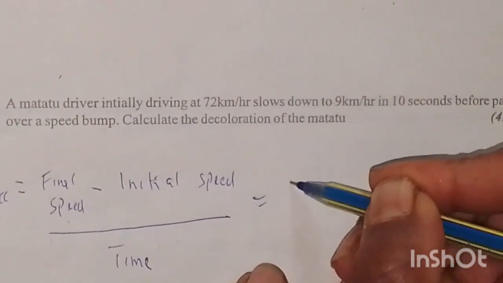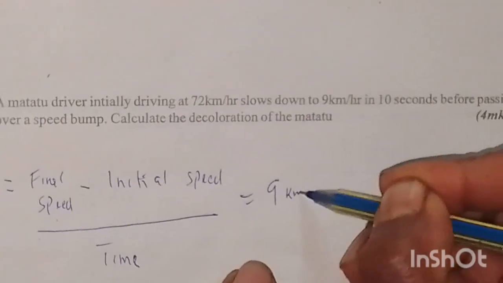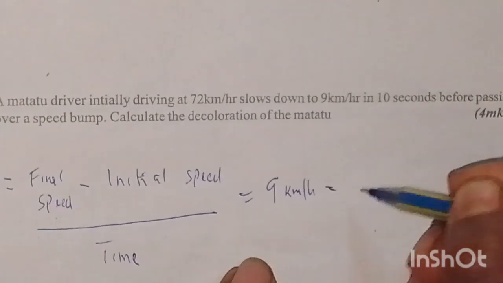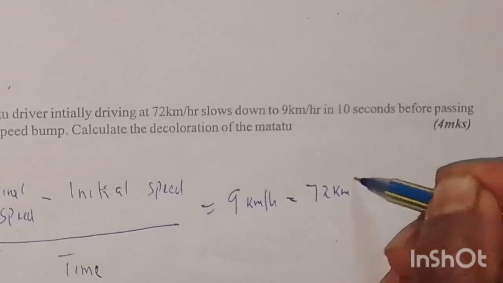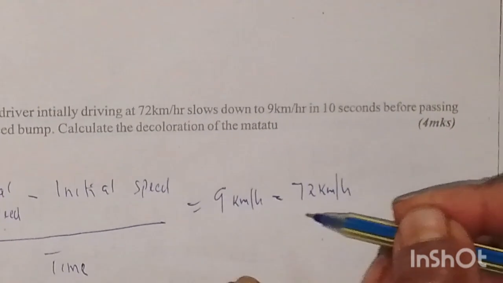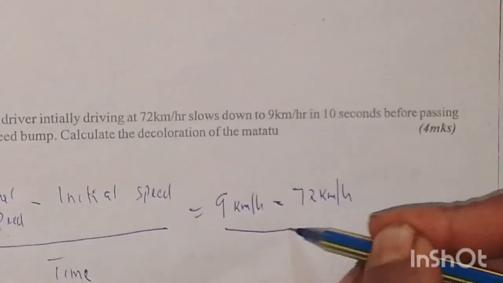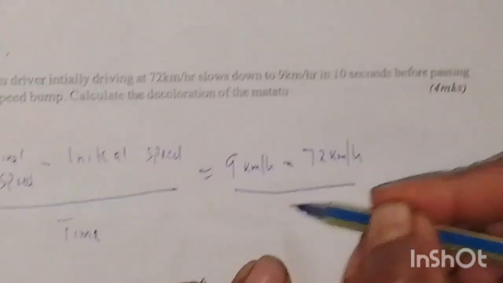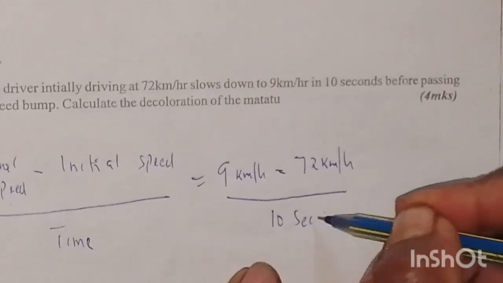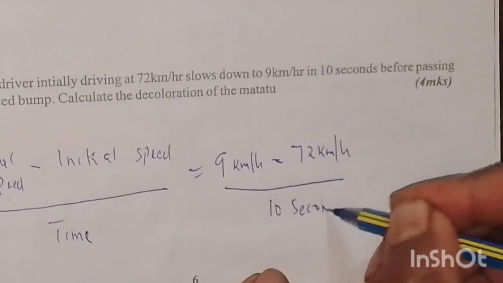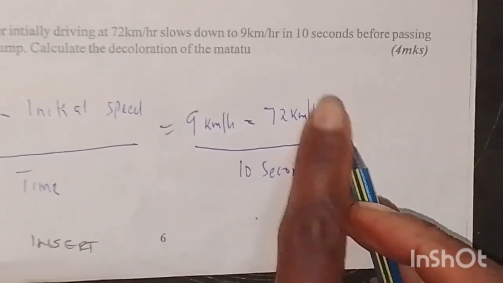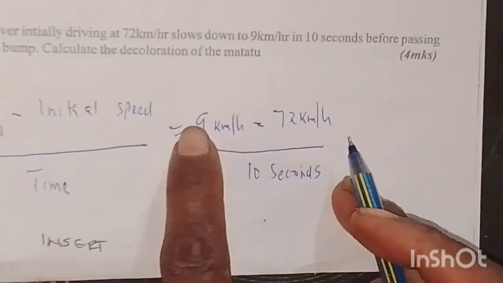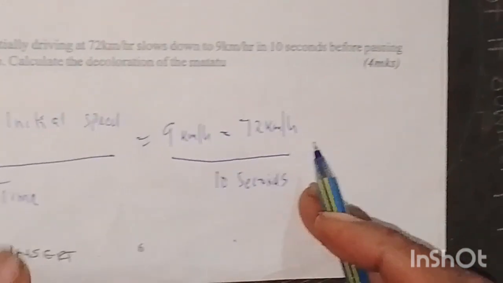The final speed is 9 kilometers per hour minus 72 kilometers per hour, divided by time taken, which is 10 seconds. Now you need to convert either 10 seconds into hours or the kilometers per hour into meters per second.